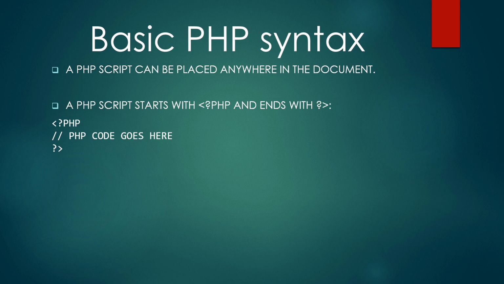But before executing our first Hello World program, let's first understand the basic syntax that you should know before executing any PHP program. A PHP script, meaning the code that is written in the PHP language, can be placed anywhere in the document.